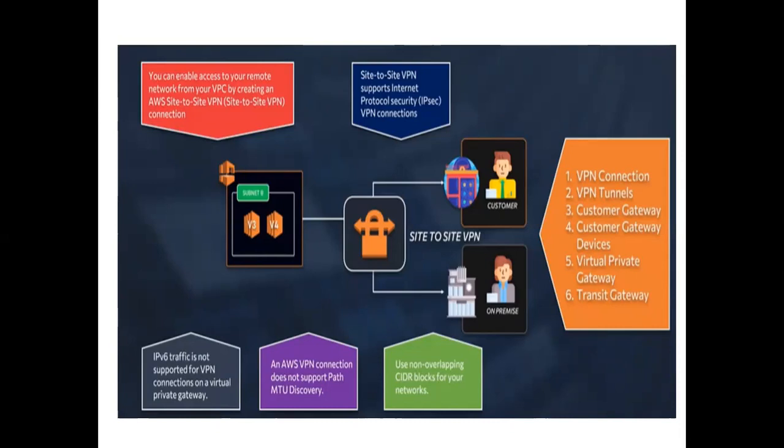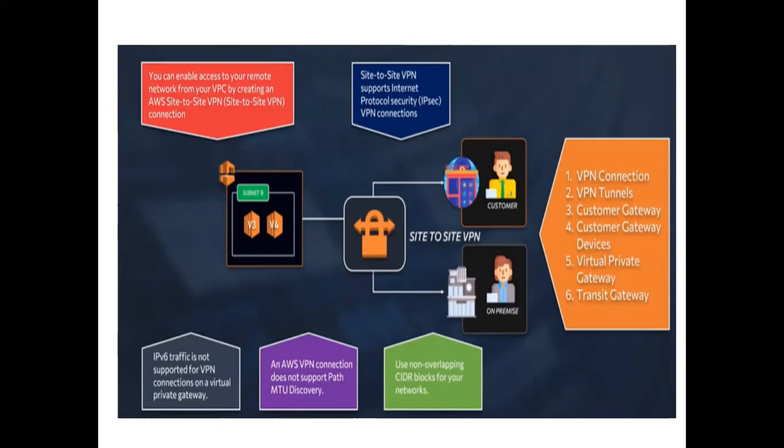If you are planning for a virtual private gateway, it is on the AWS side, which we need to define, and on the customer side we need a customer gateway. The customer gateway is a public IP address configured on the customer's firewall, and those details need to be kept in the customer gateway on the AWS side.